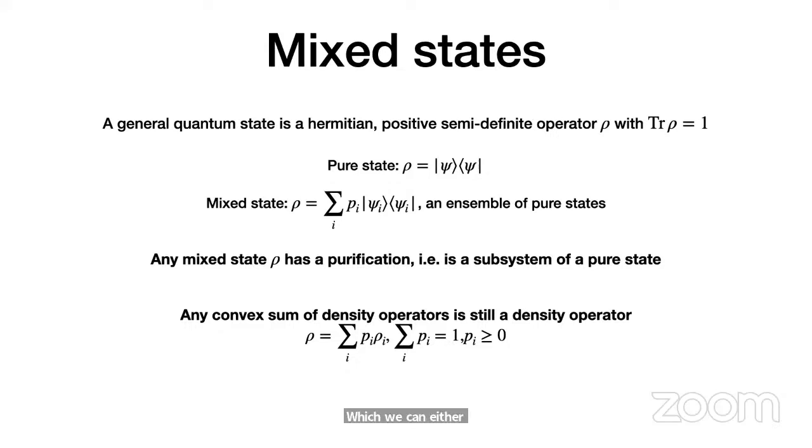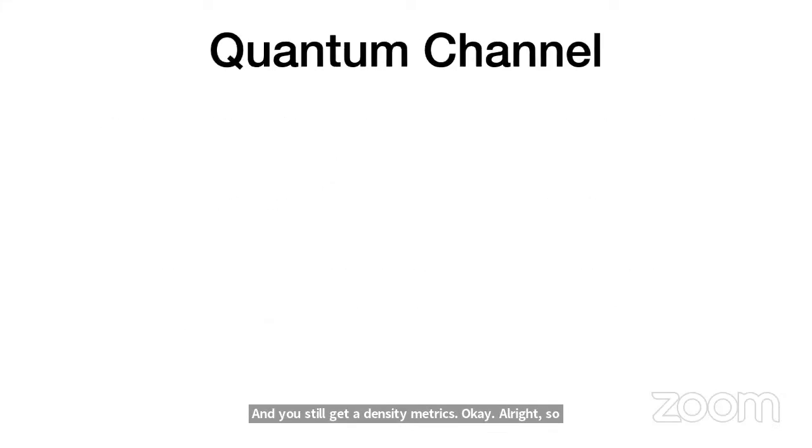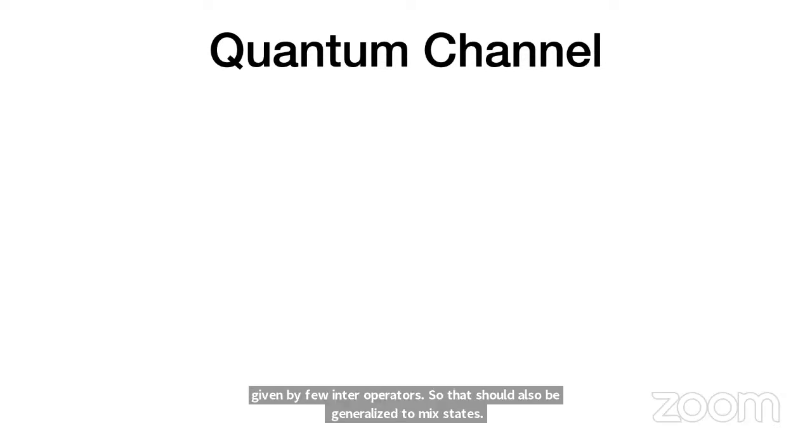And second, we can form convex sums of density operators, basically summing over different density matrices with weights between 0 and 1, and the weights add up to 1, and you still get a density matrix. Okay. All right, so these are the most general quantum states. And for pure states, we know the time evolutions are given by unitary operators. So that should also be generalized to mixed states. The appropriate generalization is the quantum channels.